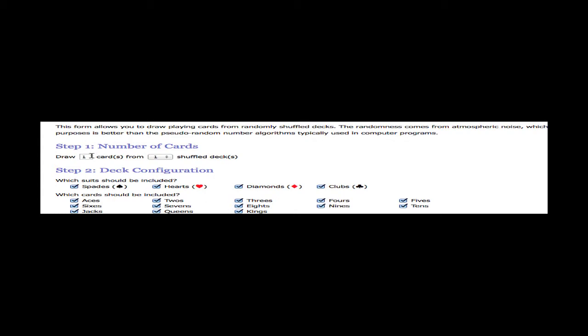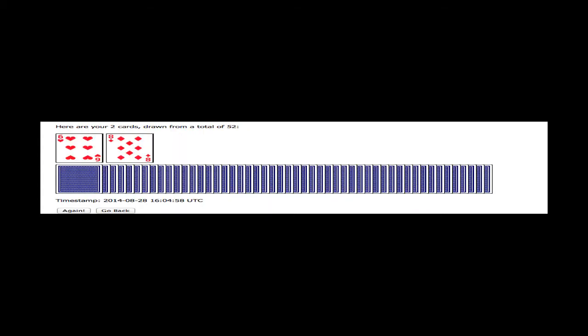Now if I go back and I do this as 2 cards, this changes things. Because if I look at it this way, the first card drawn was the 6 of Hearts. Well, that was a 1 out of 52 card. The second card drawn is the 8 of Diamonds. The 8 of Diamonds is 1 out of 51 because I've already drawn 1 card.